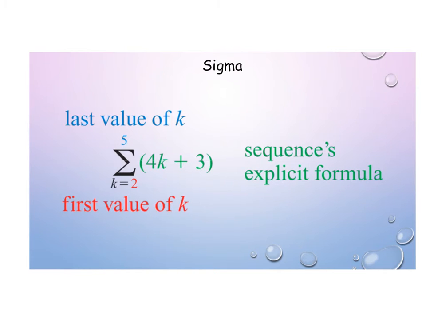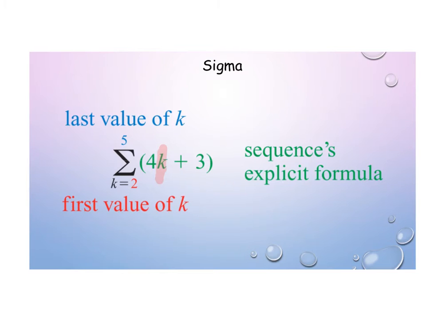The k is your index of the sequence, so that's the k, it's right here. As k goes from, it's like our n that we were using. So as k counts from 2 to 5, in other words, I'm going to plug in a 2, a 3, a 4, and a 5 into this formula and then add them together.